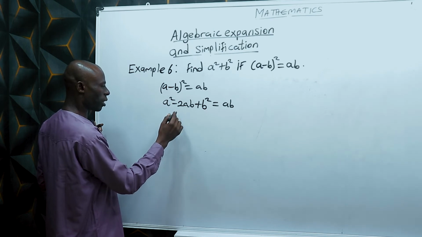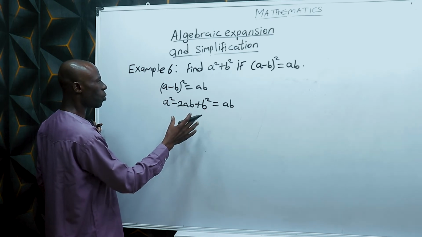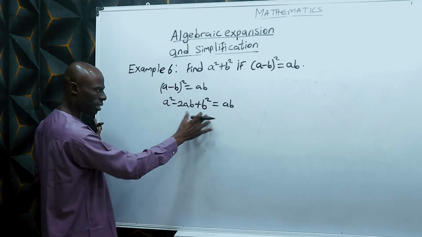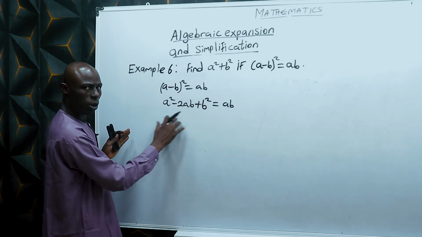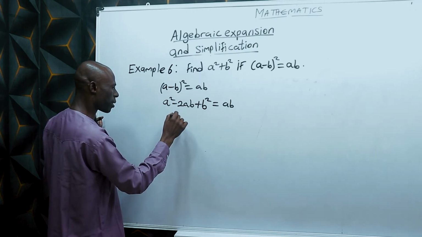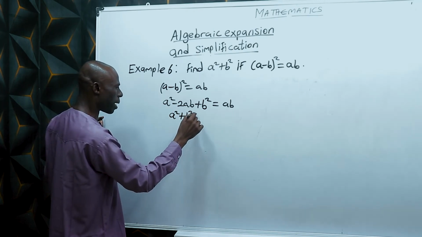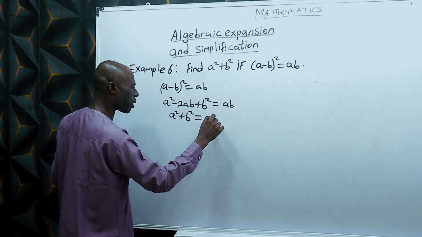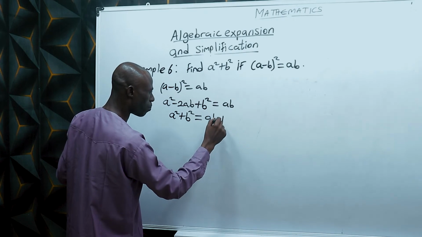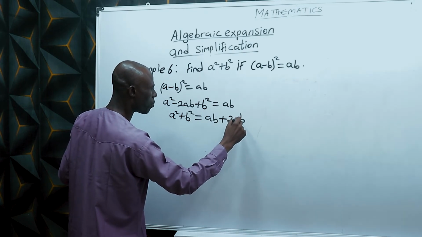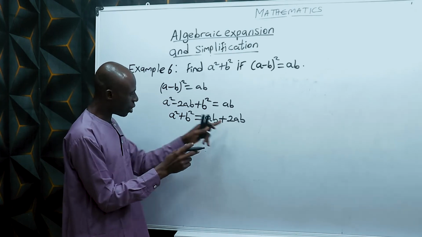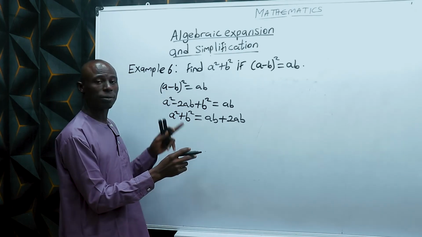So, separating your question, the question is a squared plus b squared. You can see the reflection of that question there. Separate them. a squared plus b squared will be equal to ab. Taking negative 2ab to the other side, you have positive 2ab, because you have taken it across the equal sign, it will change sign to positive from negative.